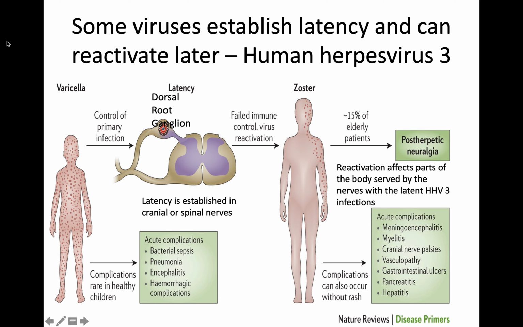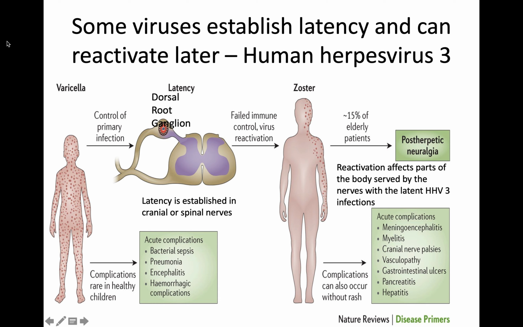Your primary infection with this virus is chickenpox, which causes a rash, but in some cases it may lead to complications. It usually infects young children, and if those children are healthy, they will be cured or overcome the chickenpox.